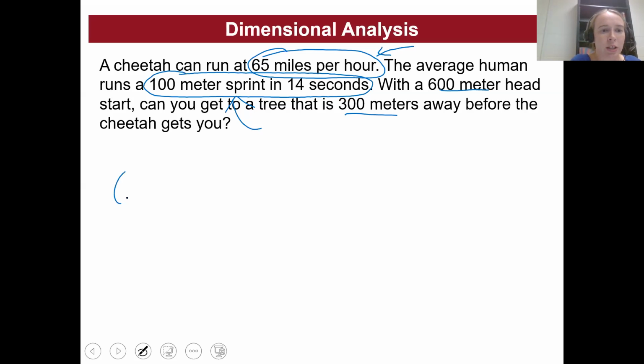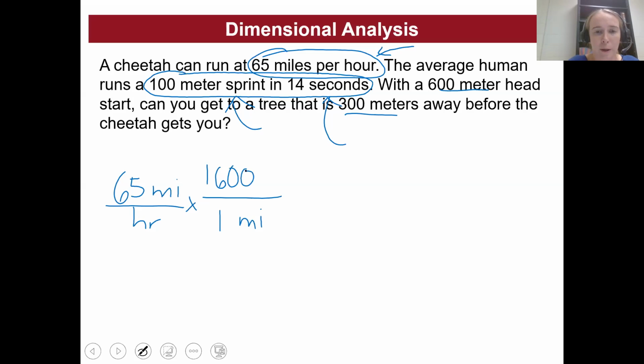So if this cheetah runs 65 miles per hour, let's see how fast that is in meters per second, because we got meters per second with our human. So there are 1,600 meters in 1 mile, which was a conversion factor from our previous problem.